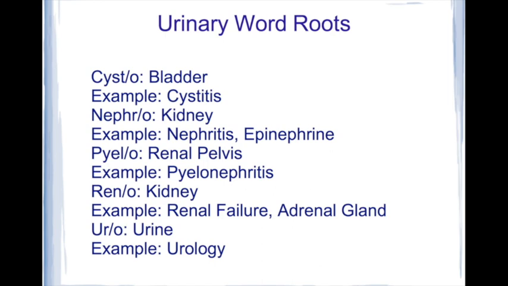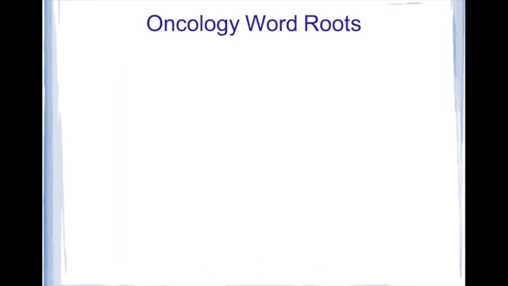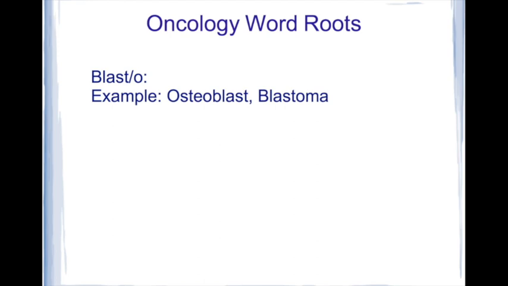Okay. Oncology word roots. So oncology, study of tumors. Blasto, like osteoblast or blastoma. Now we talked about osteoblasts. Osteoblasts are cells that do what? Fun thing about a lot of these terms is sometimes you can have a term be a word root and a prefix or a suffix. It's a really weird thing.